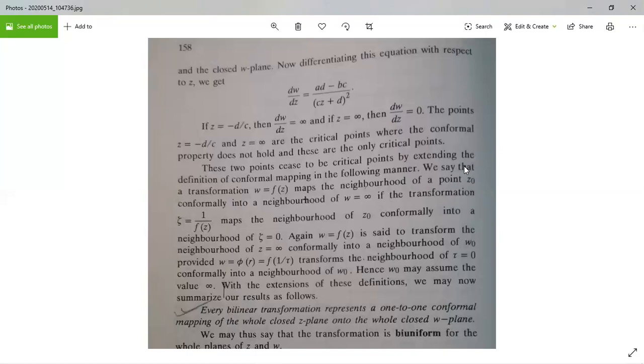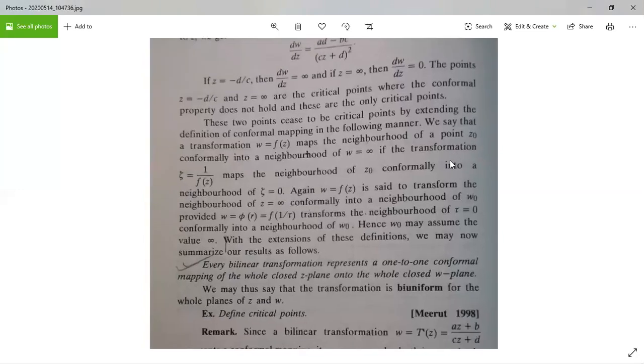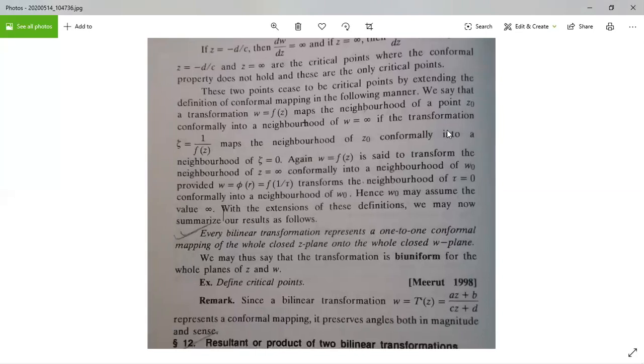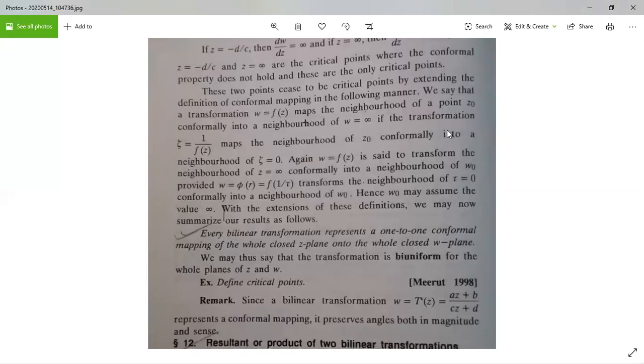Then we can say that the transformation is bi-uniform for the whole plane of z and omega. That means this gives the definition of critical points.